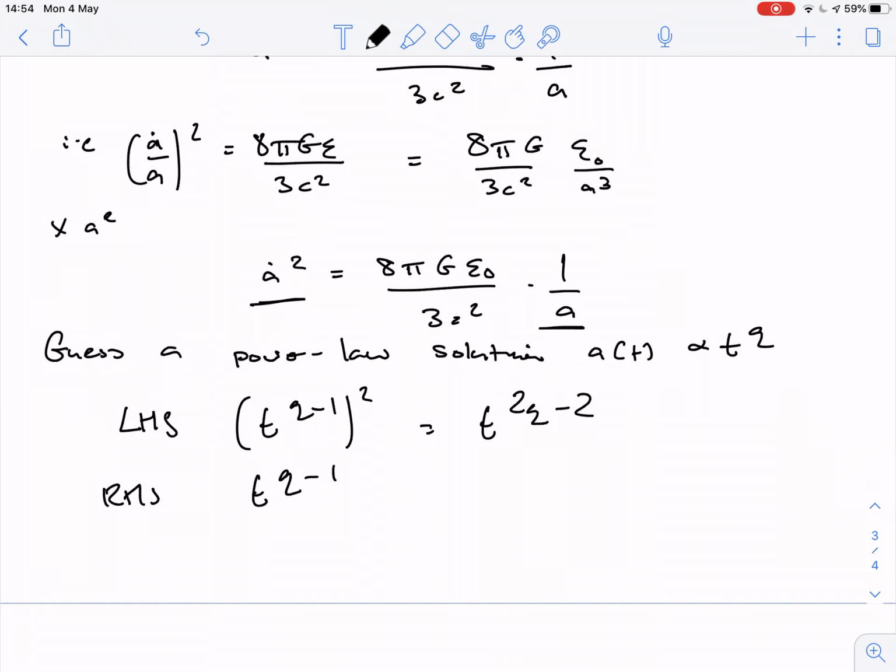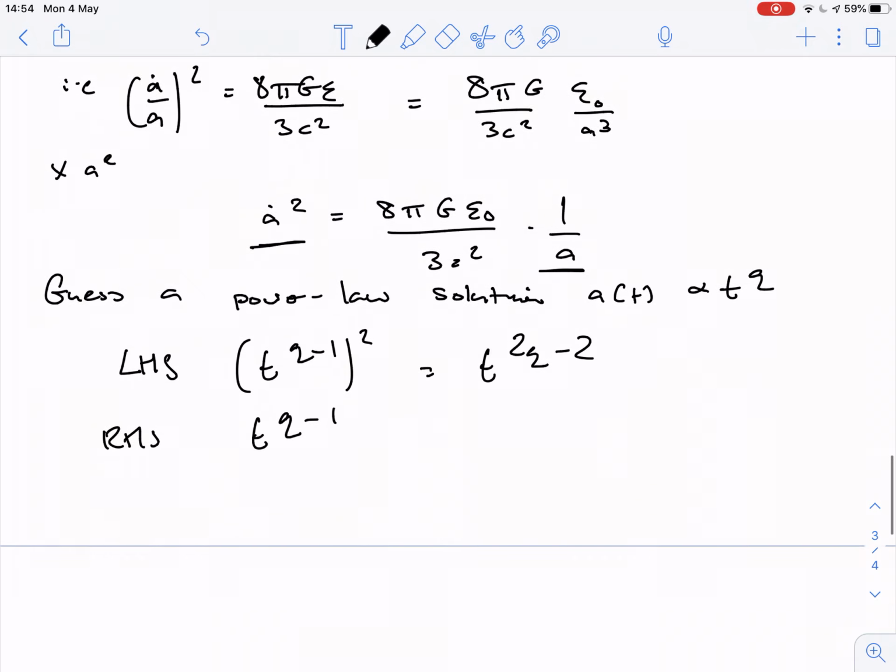So when can 2q minus 2 equal minus q? The solution to that is when q equals 2/3.